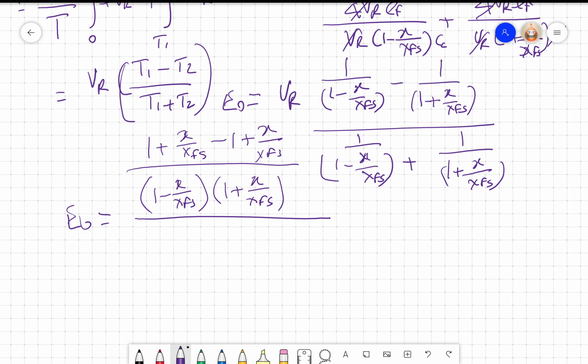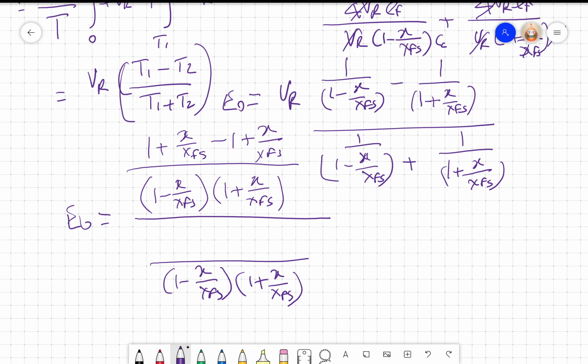Similarly, in the denominator, I get 1 minus x by x full scale into 1 plus x by x full scale.